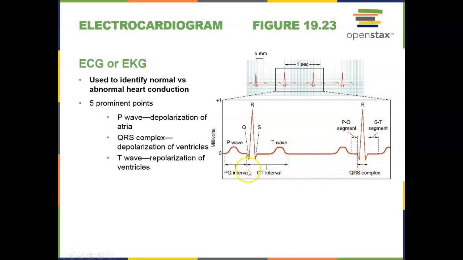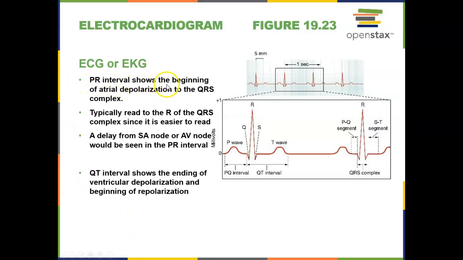There's also a PQ interval, and you can see it over here probably better. You have an ST segment that can tell you if your atria or your ventricles aren't firing properly. So the PR interval shows the beginning of the atrial depolarization to the QRS complex. And we typically read to the R, so from the P to the R, to actually look at when the atria fire to when the ventricles fire.